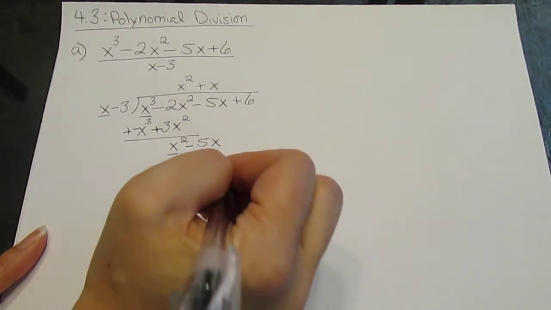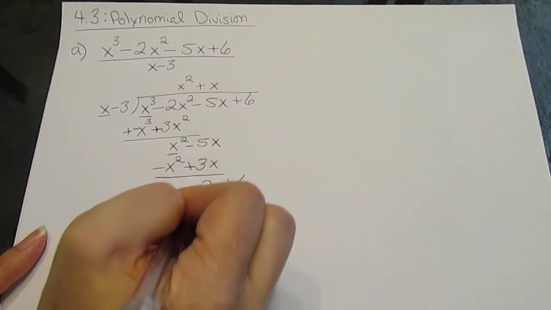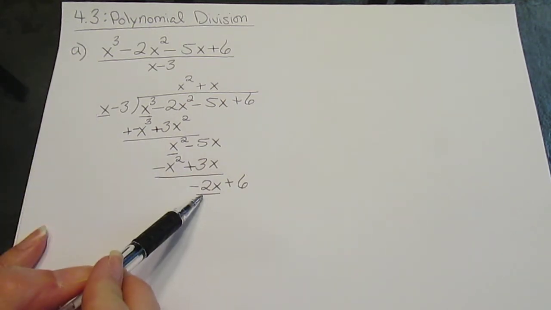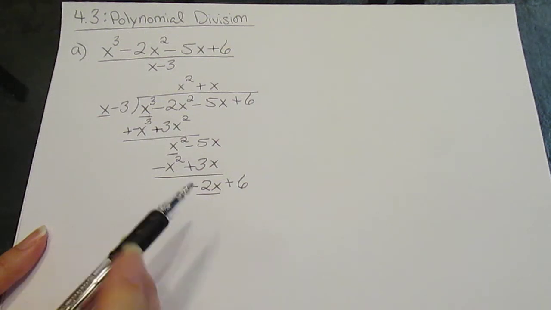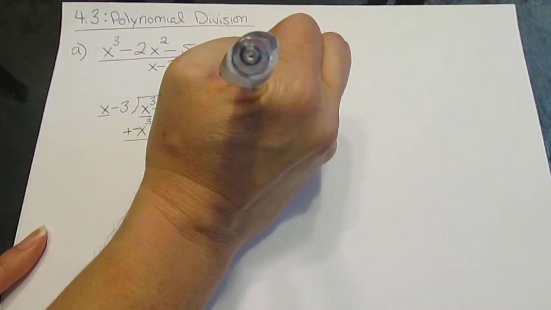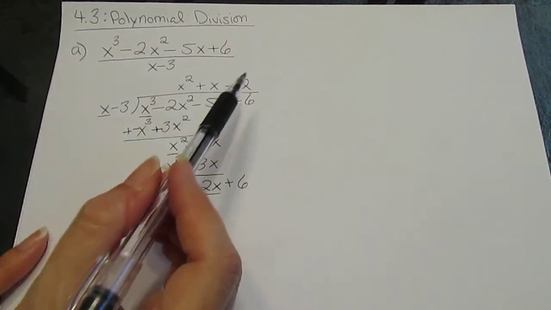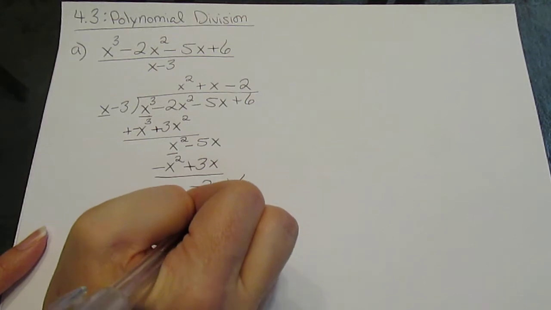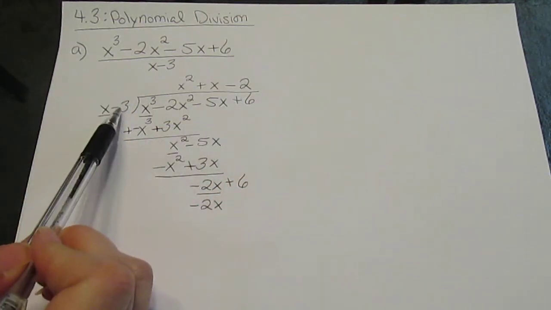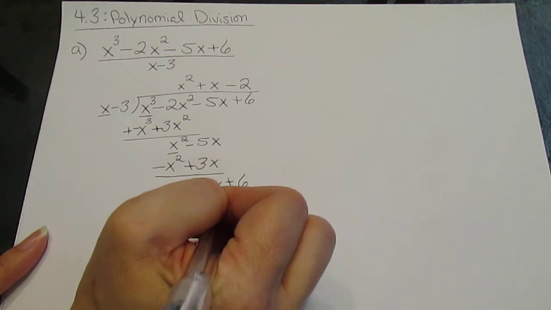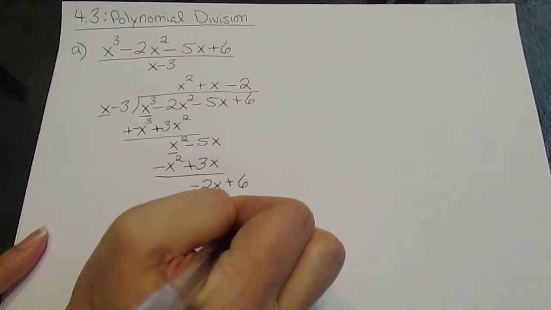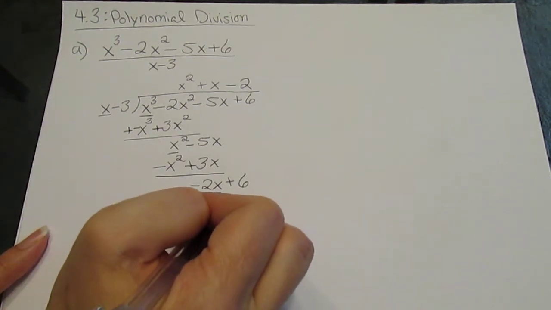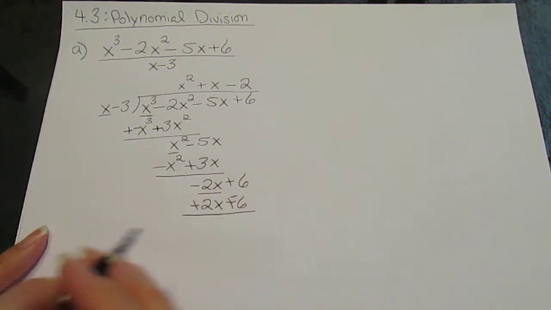We have one more term. We'll bring down the term. Now this is my first term right here. What times x gives me negative 2x, negative 2, multiply it, negative 2 times x is negative 2x, negative 2 times negative 3 is a positive 6, change your signs, and they both end up canceling in this one.